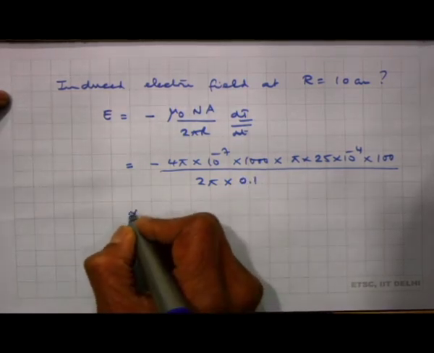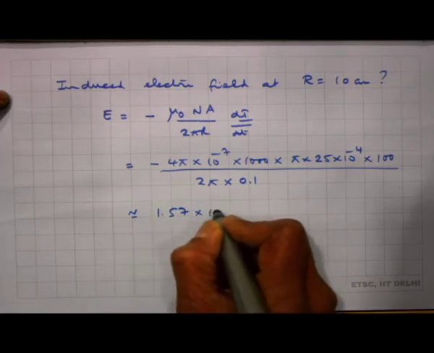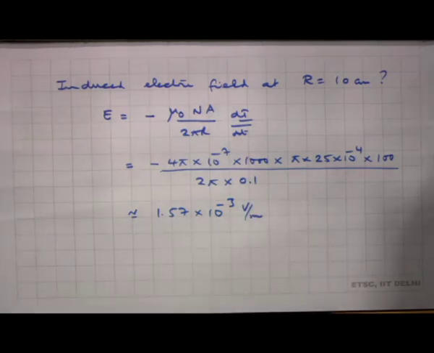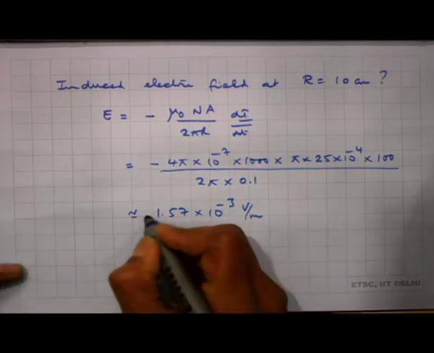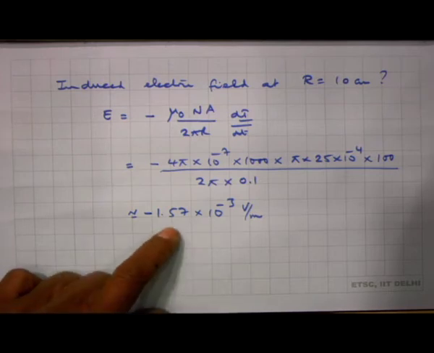And we can calculate this. This comes out to be about 1.57 into 10 to the minus 3 volts per meter, with a minus sign here. The direction of the electric field one has to remember, and this is the magnitude of the electric field, about 1.6 millivolts per meter.